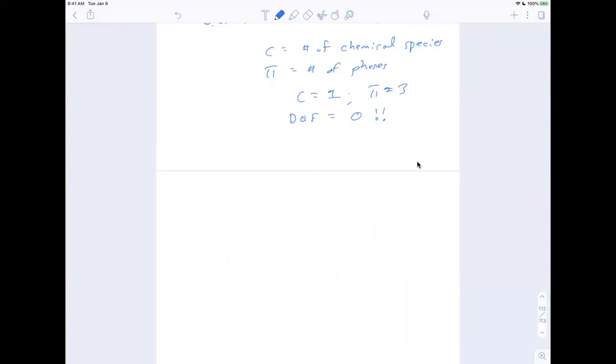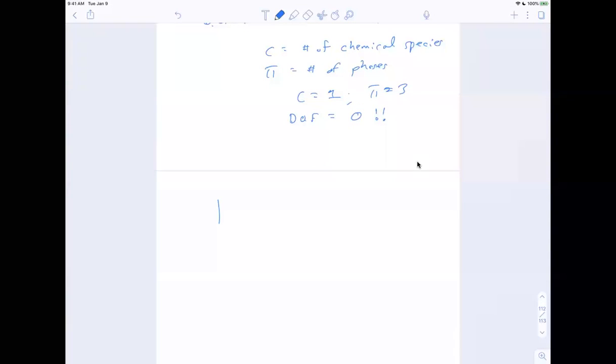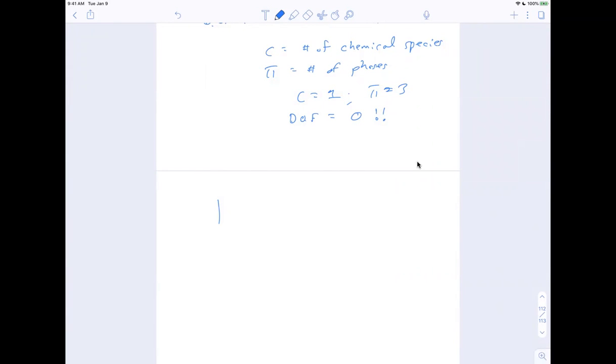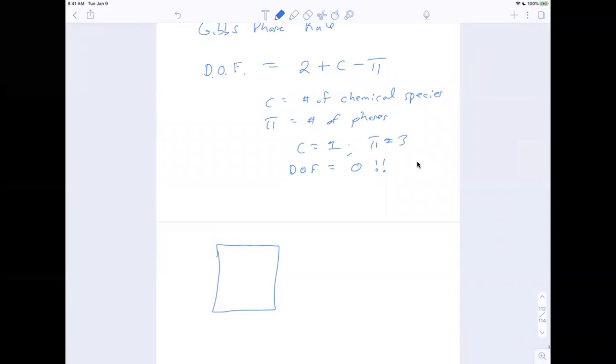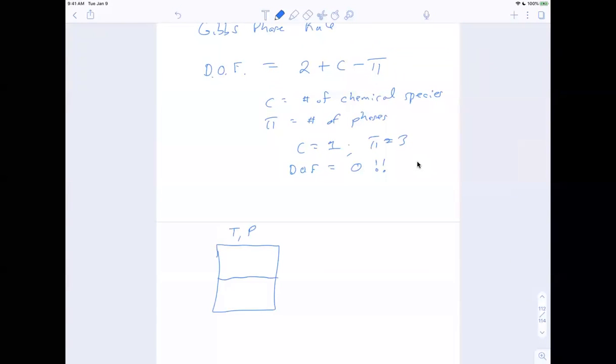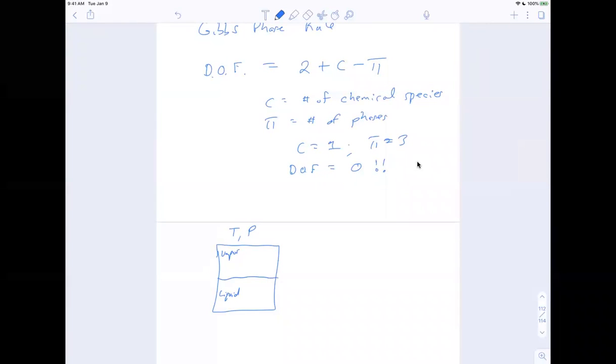Okay, so let's go on and lead to something that's kind of interesting. We'll return to this, but this is connected to the idea of degrees of freedom in terms of the Gibbs phase rule. Let's say we have a system at a particular temperature and pressure, and we have liquid in equilibrium with a vapor, but this time we're going to have 2 species in each of the liquid and vapor phases. So we have a species A and a species B in the liquid, and likewise in the vapor.